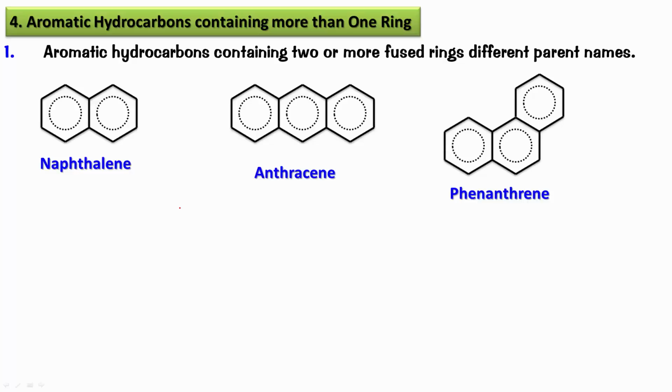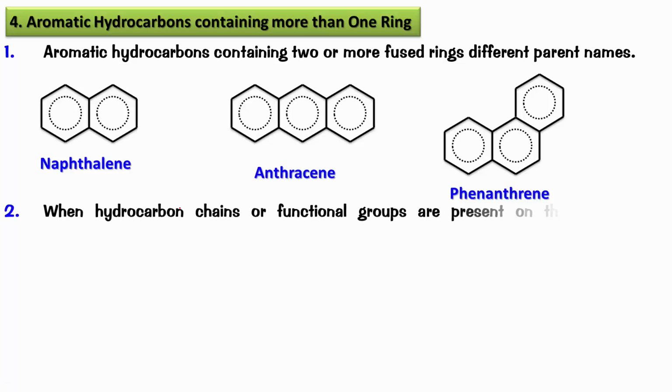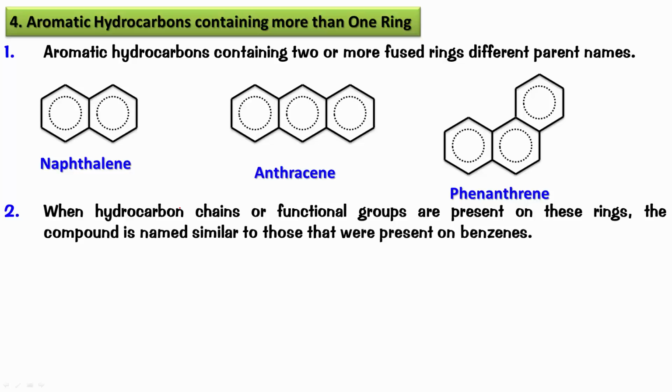Now, when hydrocarbon chains or functional groups are present on these rings, the compounds are named just like they would be named in the case of benzene. So the only difference is wherever you have benzene, you got these names now. And when these become substituents, the naphthalene becomes naphthalenyl. Remove this particular E and put YL.